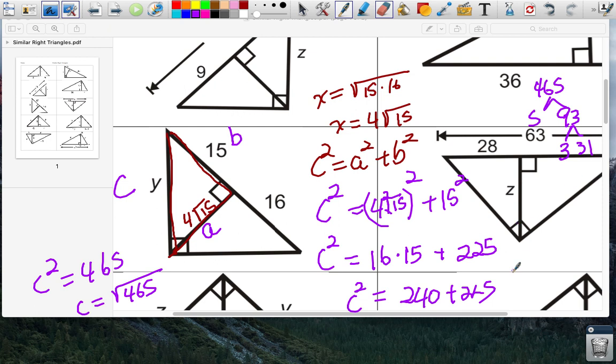Nope, we can't do anything with 465. So c is the square root of 465, which on a test they would probably ask you to just find out what the square root of that is, and if I found it on this calculator with the square root function, apparently it's 21.56.